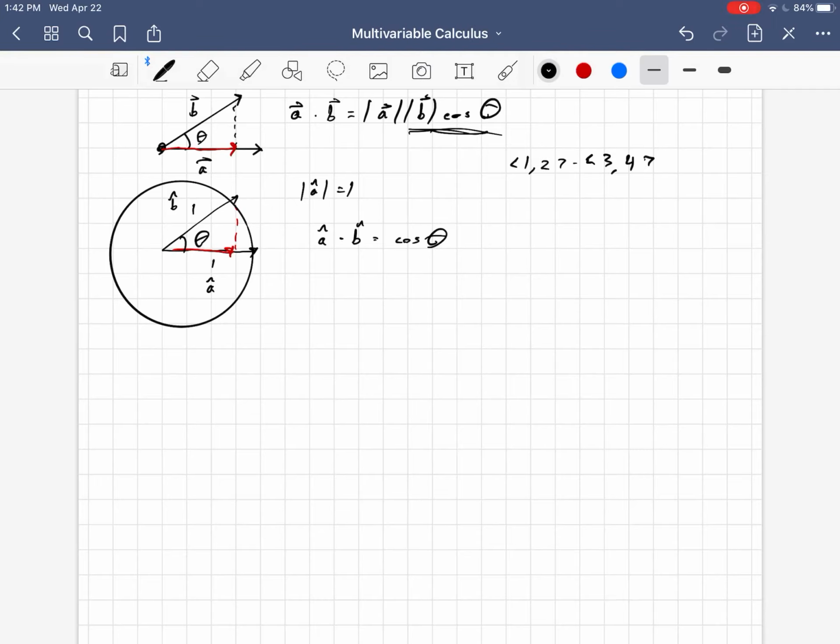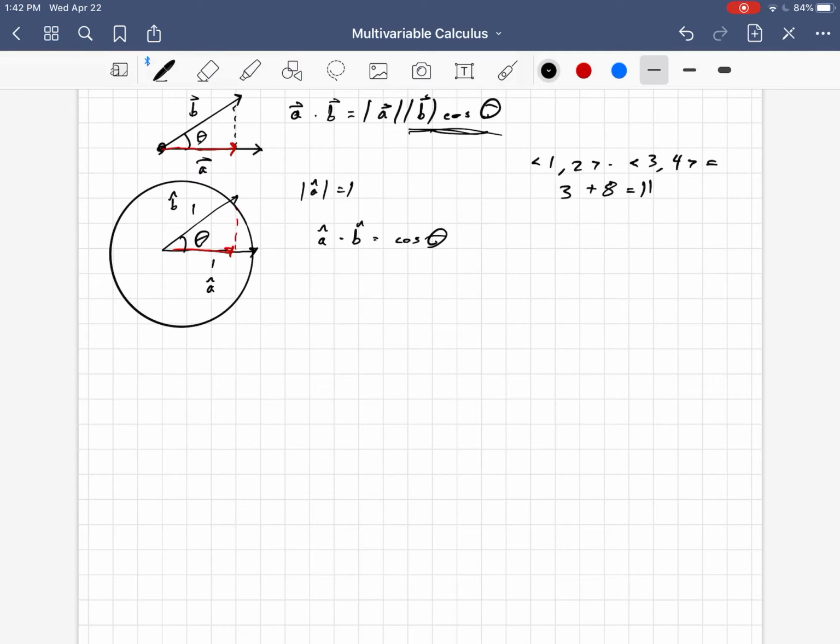Now, you also have probably heard of the piecewise product definition of the dot product. For example, if I had vector 1, 2 dotted with vector 3, 4, then my new vector would be 1 times 2, or 1 times 3, or... oh my gosh, I'm thinking of cross product.